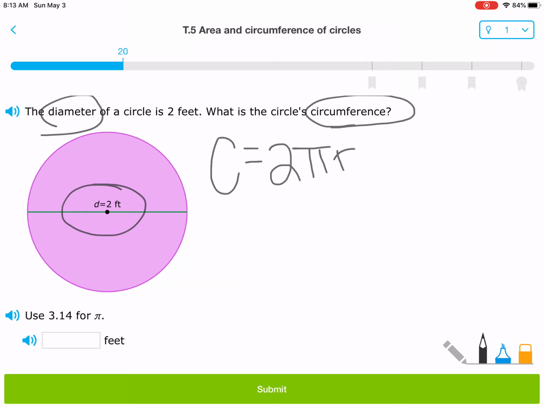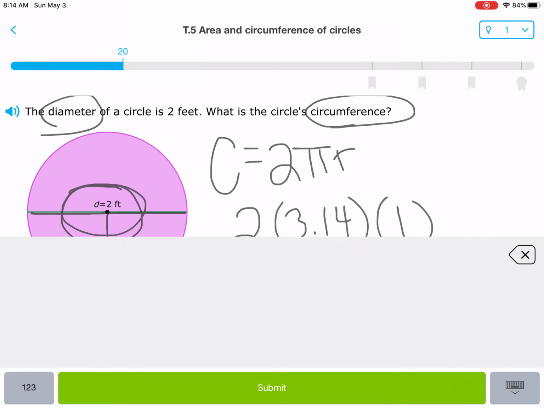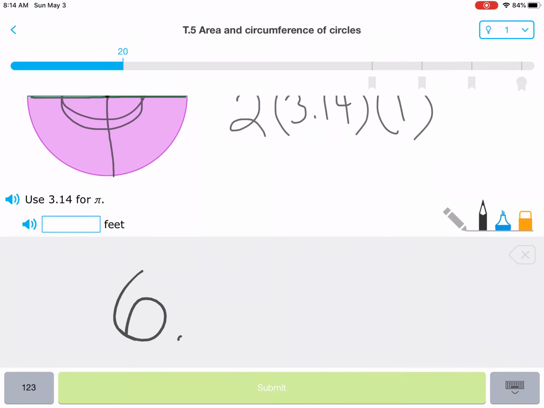The diameter goes the entire way across the circle. If the radius only goes halfway across the circle, it's going to be half of the diameter. Half of the diameter is 1. So this is going to be 2 times 3.14 times 1. It's the same exact question we just did. So our answer is 6.28.